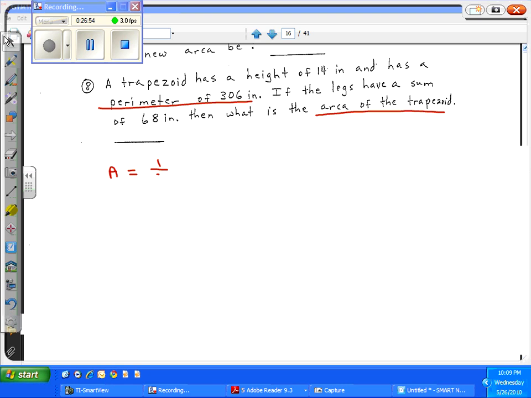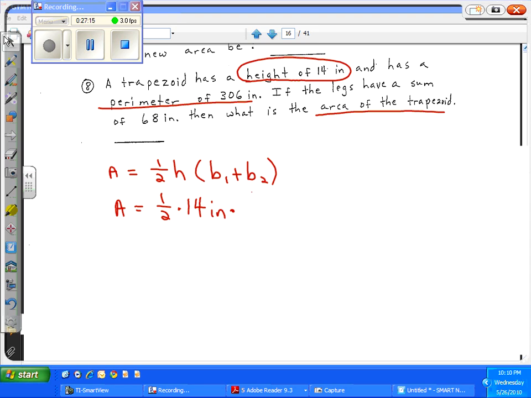Area of trapezoid formula is 1/2 times height times sum of bases. So area is equal to 1/2 times height. It has a height of 14 inches, times the sum of the bases.